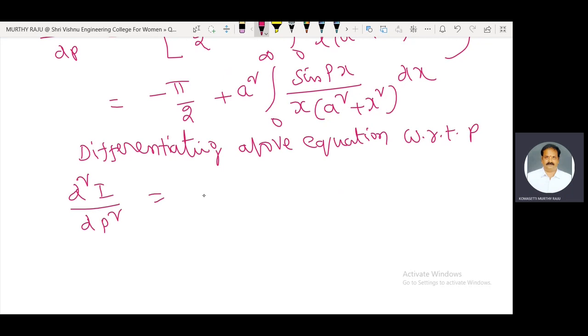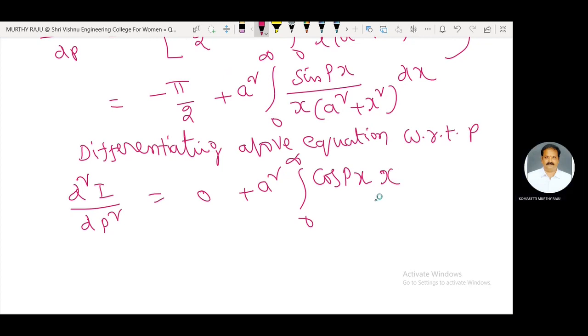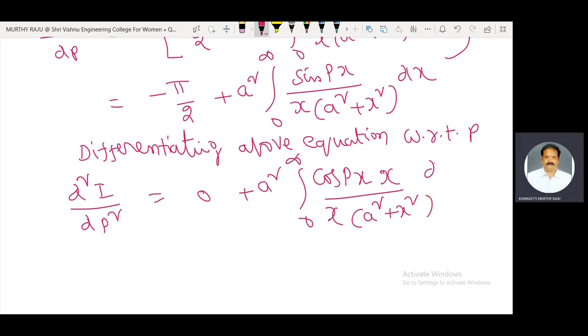Differentiation of minus pi by 2 is constant, that is 0, plus a square integral 0 to infinity. Differentiation of sin px is cos px, and differentiation of px with respect to p is x, by x into a square plus x square into dx.